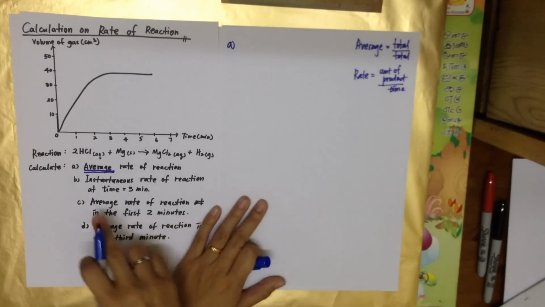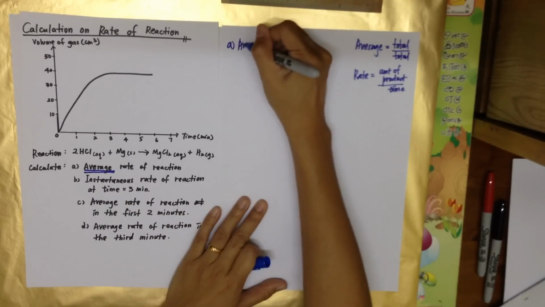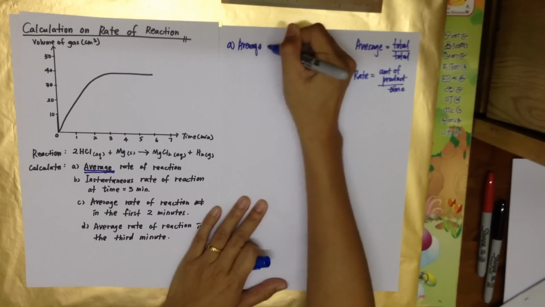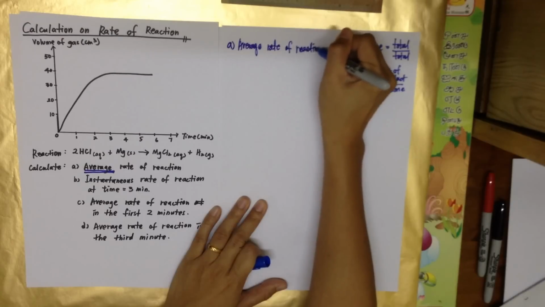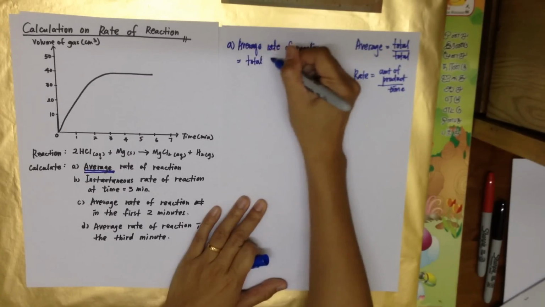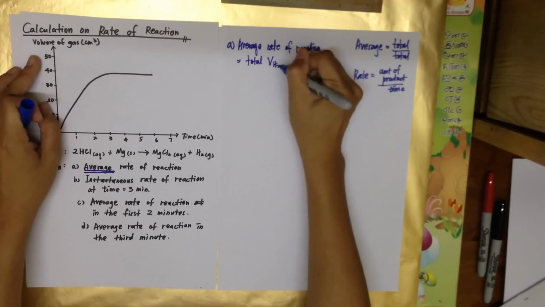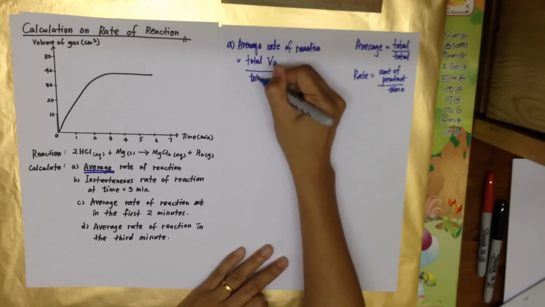So for A, to calculate the average rate of reaction, it can be equal to the total volume of hydrogen gas versus total time.